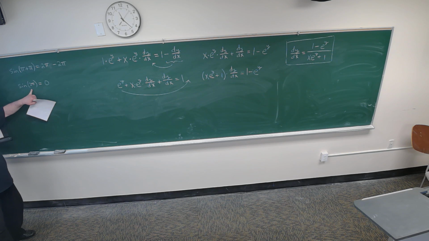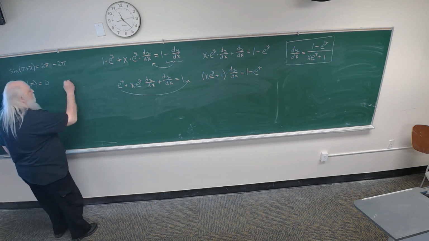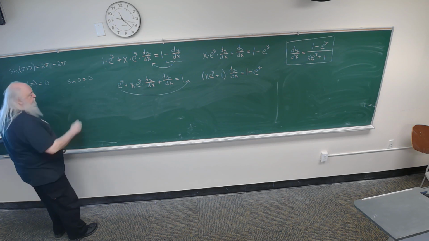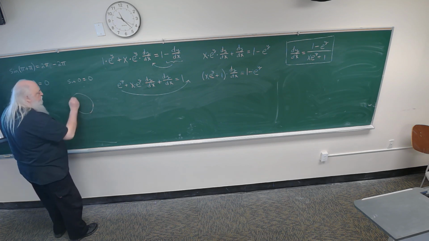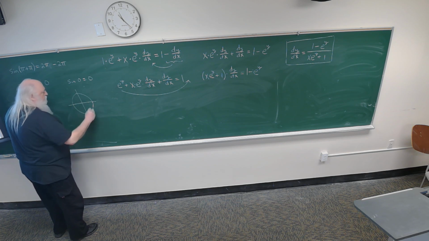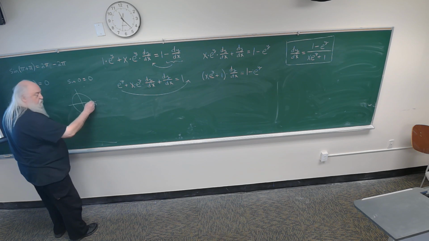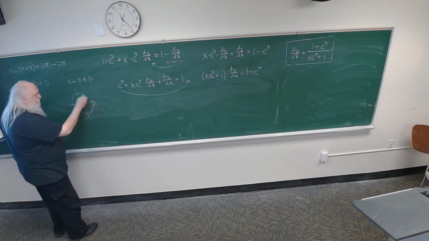Is this a true statement? Is the sine of 2 pi equal to 0? From the unit circle, the sine of 0 is equal to 0, and here's the angle 0 radians, and 2 pi radians just makes a circle.